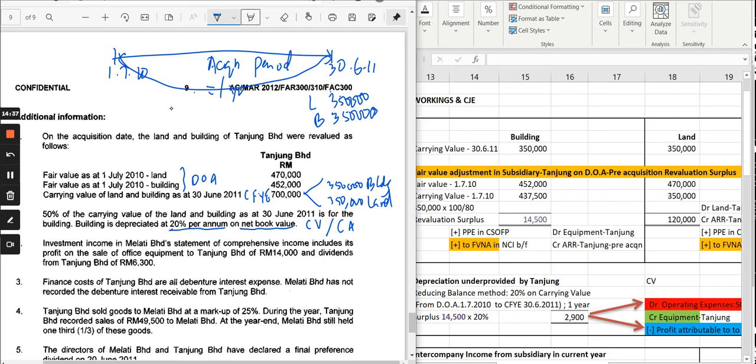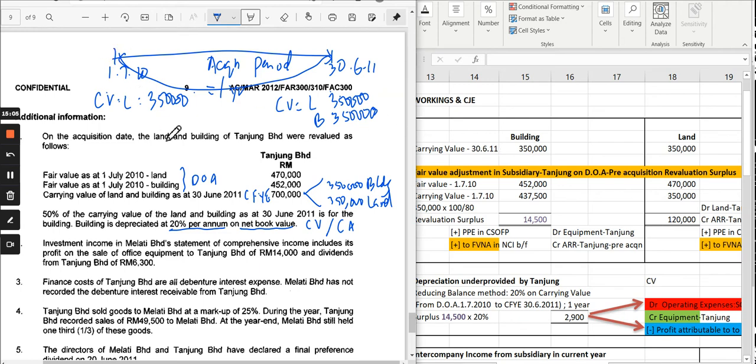So if the carrying value here is 350,000, the carrying value here for land is the same, 350,000. Right, so you can straight away get the carrying value on 1st of July, because there is no depreciation. So if you compare with the fair value, there is a surplus of 120,000.